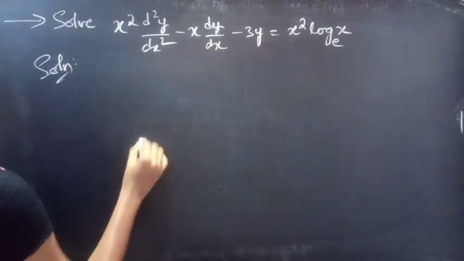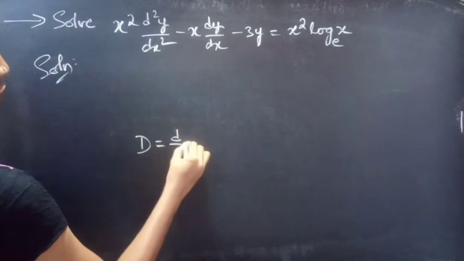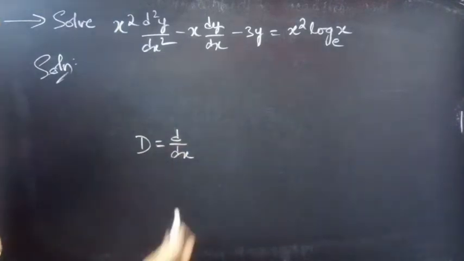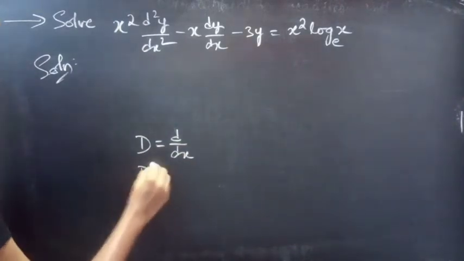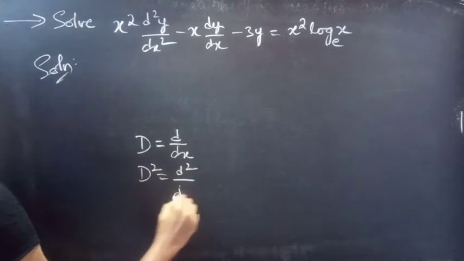We know that D is a differential operator whose independent variable is x. Then D square will be d squared by dx squared.